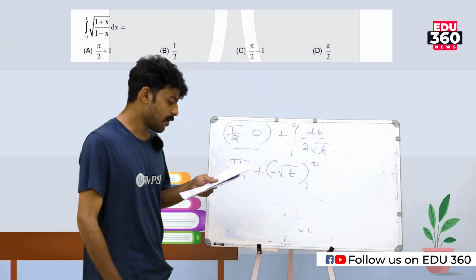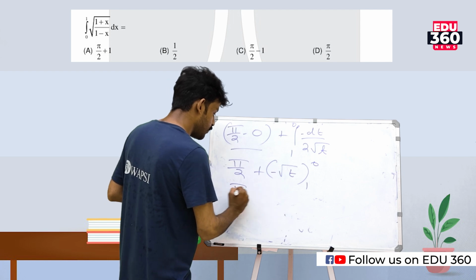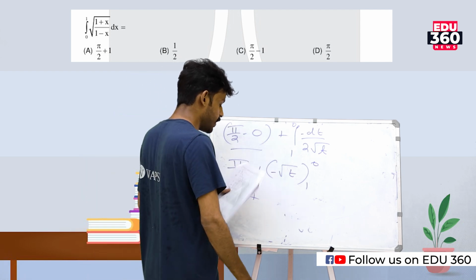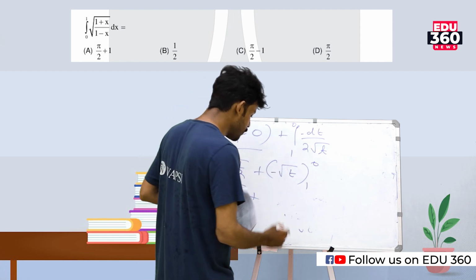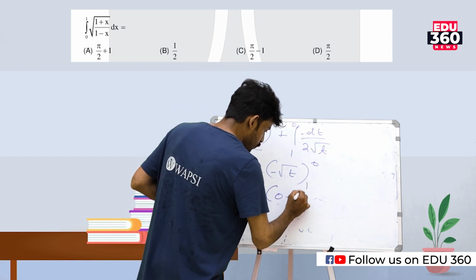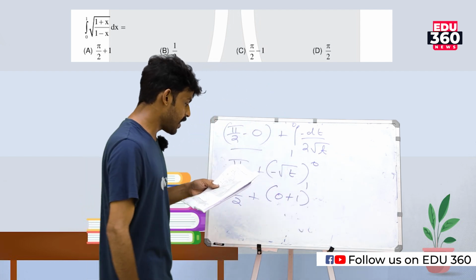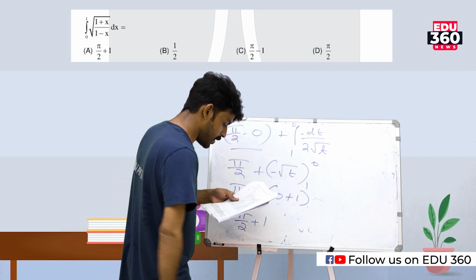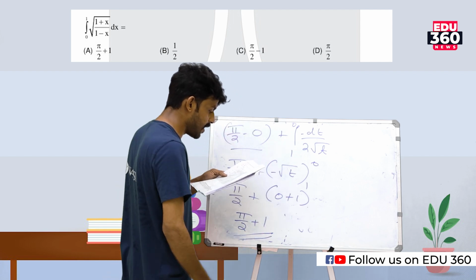Hereafter just apply the values, pi by 2 plus upper limit 0, lower limit 1. So it will become 0 plus 1. So the answer is pi by 2 plus 1.